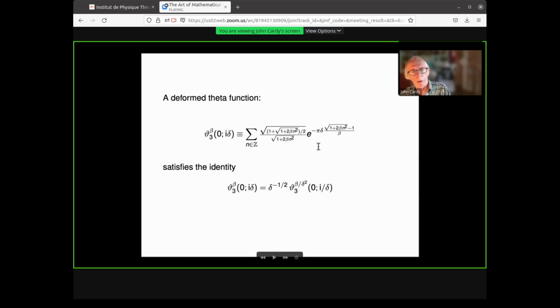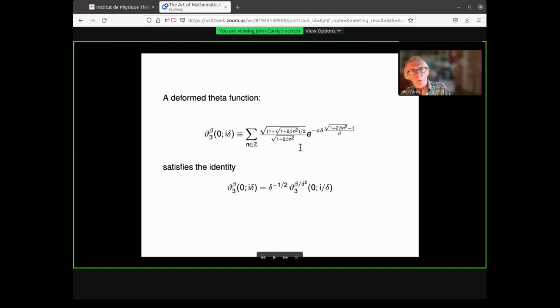And the amazing property of this series is that, again, under delta goes to 1 over delta, it transforms in a straightforward way. So I think that if somebody gave you an expression like this, you would be amazed if this property was true, but it is.